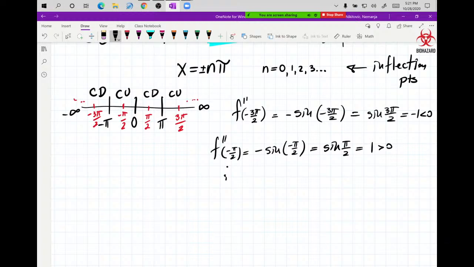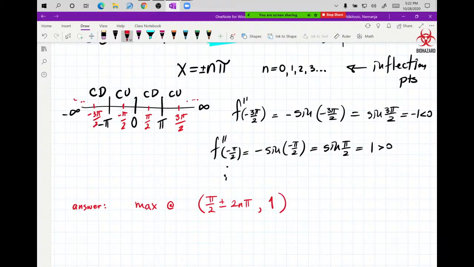So finally, we have our answer. And our answer consists of increase, decrease, min and max, and inflection points and concavity. So all of that stuff. So let's start with the cheap stuff. Max at pi over 2 plus minus 2n pi, comma 1, that's the y value.